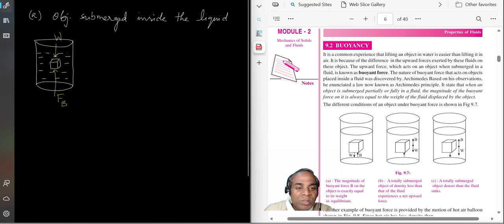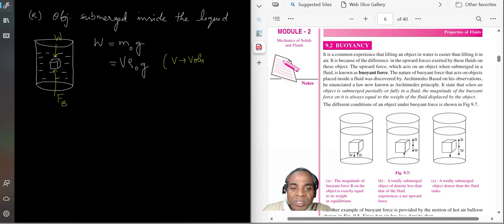Now what is the weight of the object? It is nothing but the mass of the object times acceleration due to gravity. Here I have written M_O as the mass of the object. Now further, if we write mass in terms of volume and density of the object, I can say volume times density of the object times g. So for clarity, I will mention these terms here.